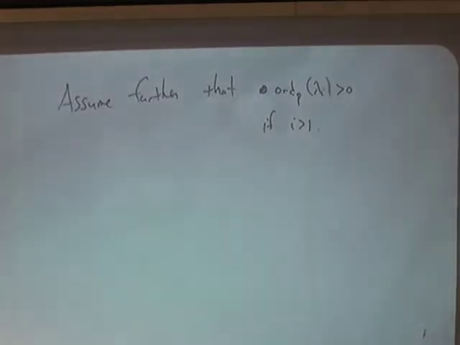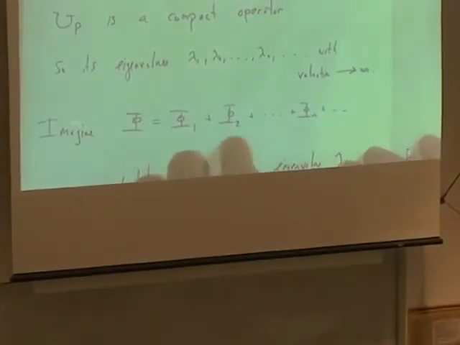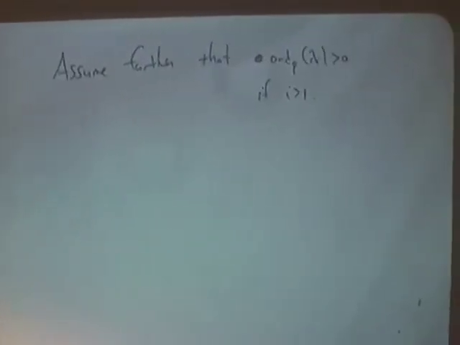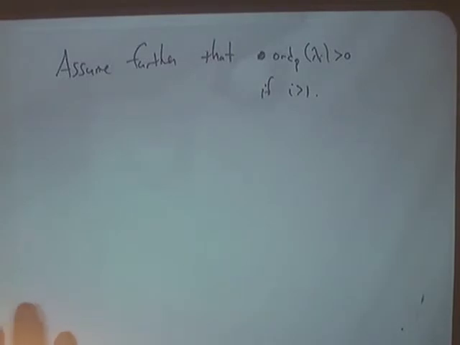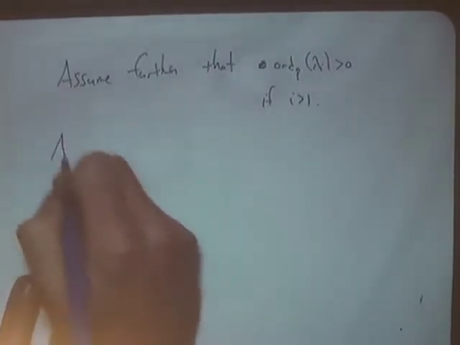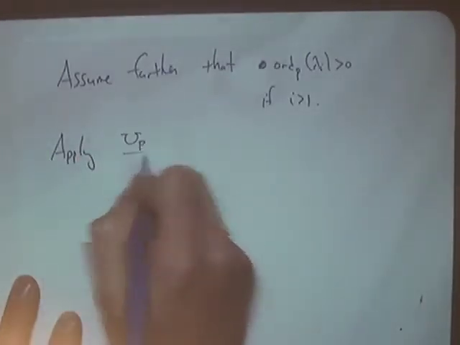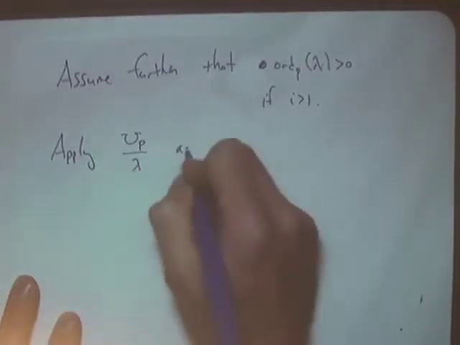So in this picture, the first one I'm not saying anything about, but the rest I'm saying are all non-ordinary. And it's actually not such a big assumption, because you could pick a phi that makes that happen by using the other Hecke operators. You want to go into that and then start iterating UP. So start applying the operator UP divided by lambda again and again.